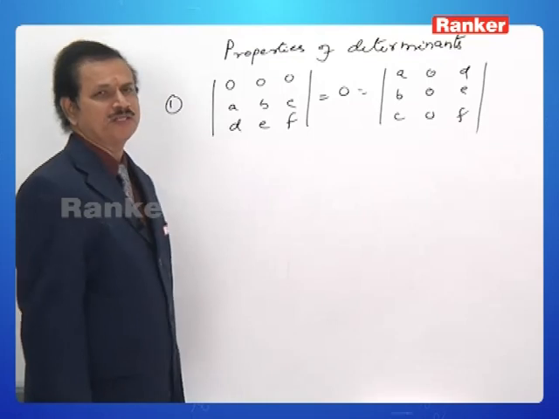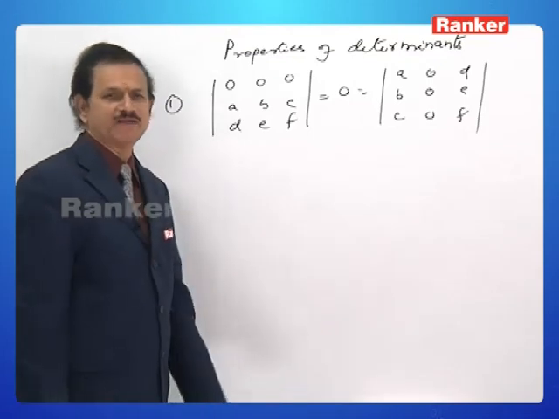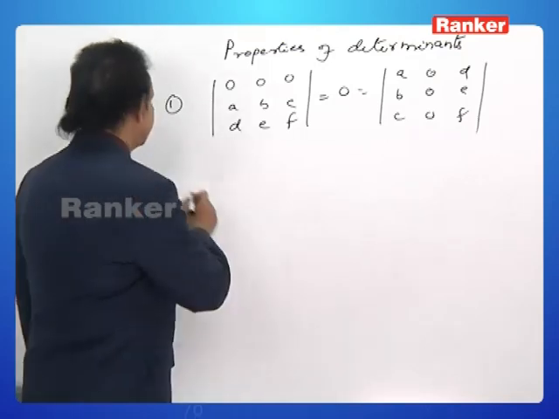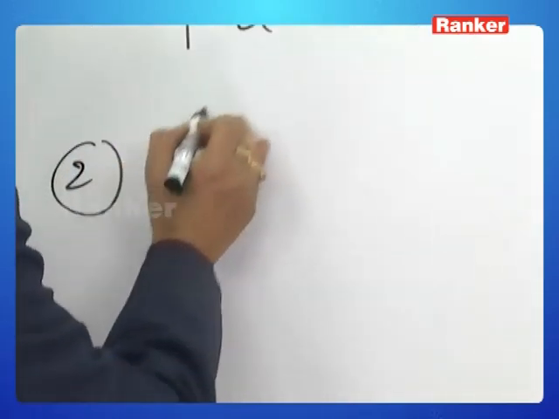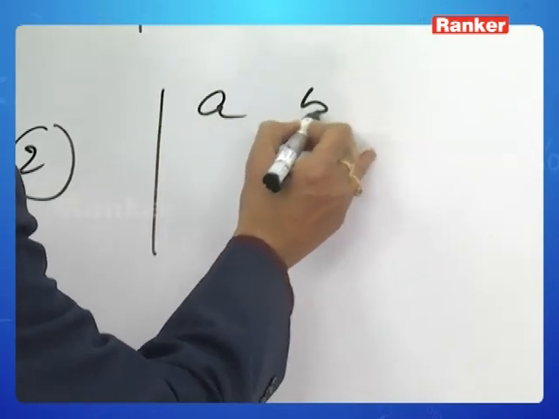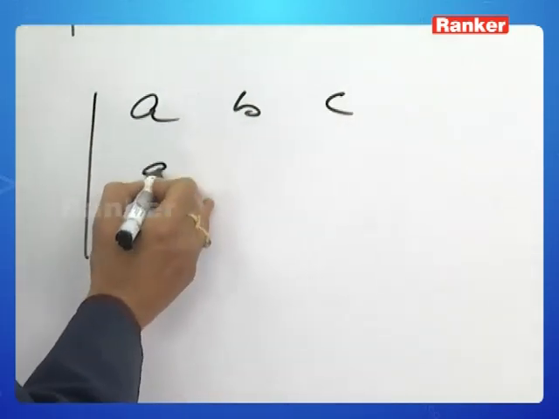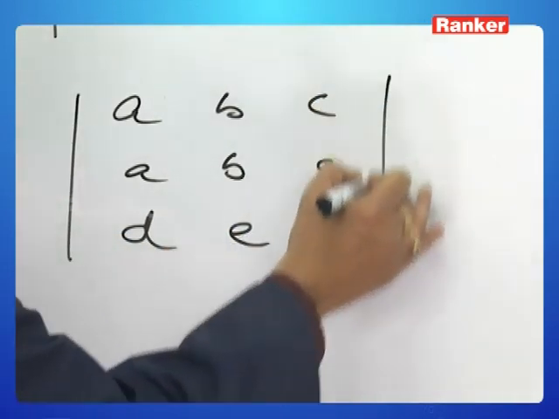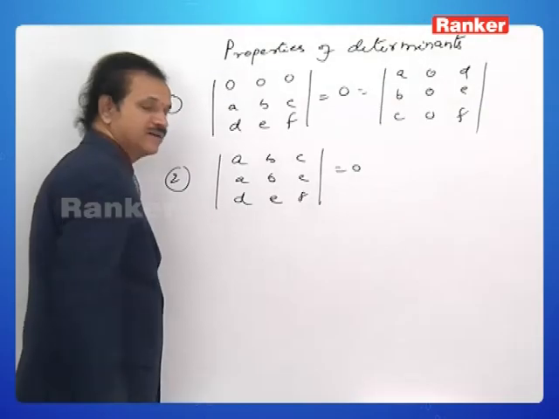If you want to prepare the sentence, it will be lengthy. It's not needed. You look at that and understand. Okay, then next one. If any two rows of a determinant are equal, then also the determinant is 0.